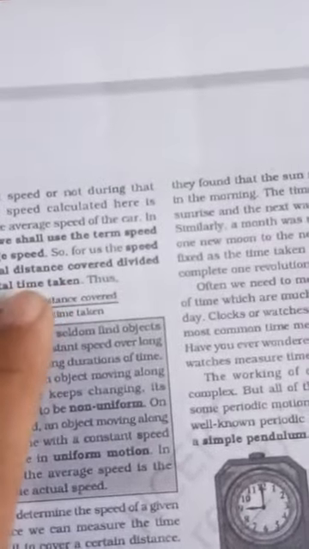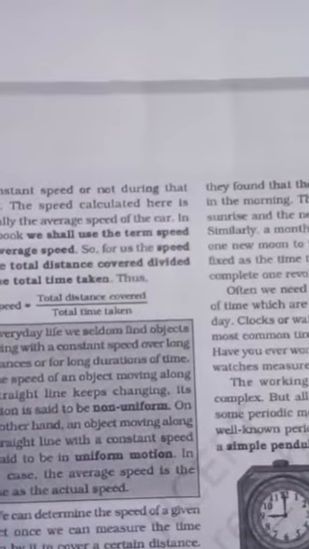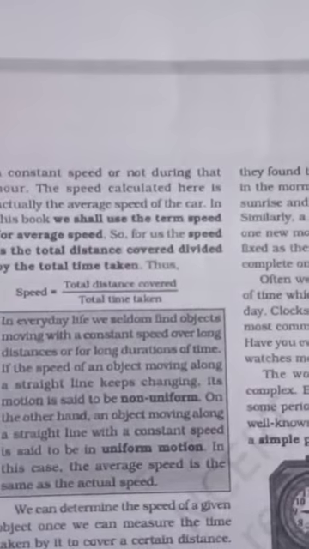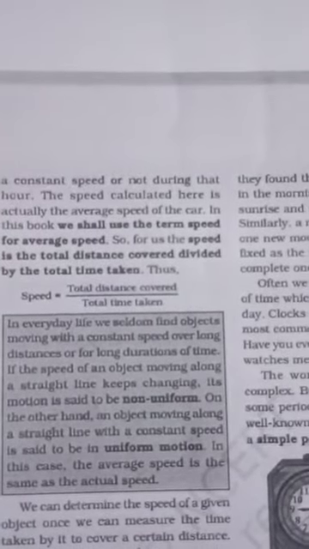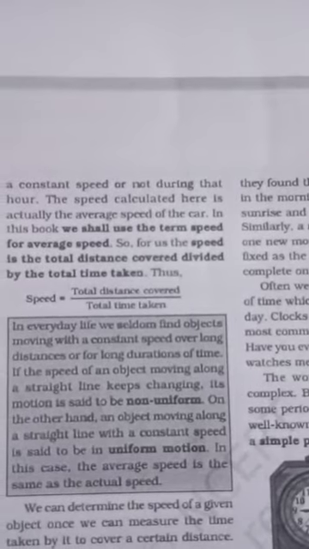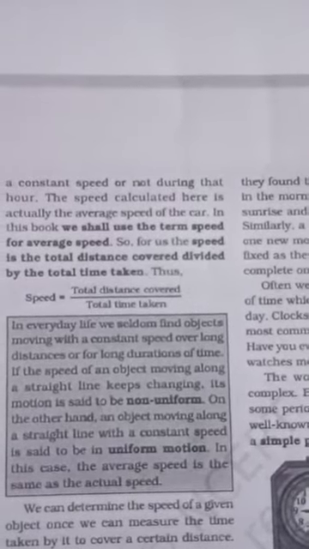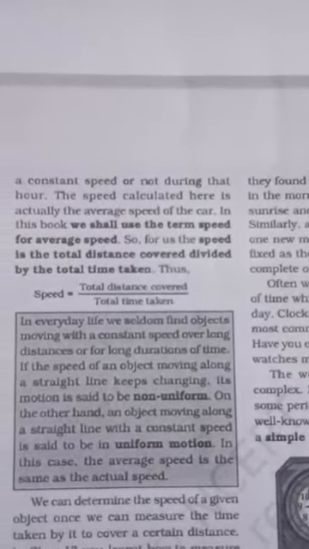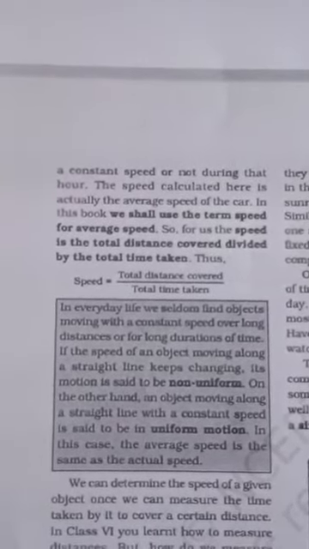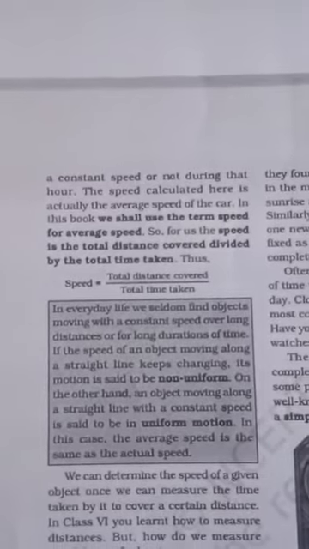Both are smaller units, so the SI unit of speed is meter per second. If distance is larger, in kilometers, and time in hours, the bigger unit of speed is kilometer per hour.